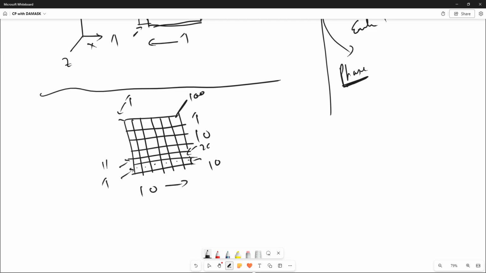So you can also see how Damask is reading. It is starting from the bottom left corner and it fills this one row, then goes to the next one, then the next one, and in the end finishes here.